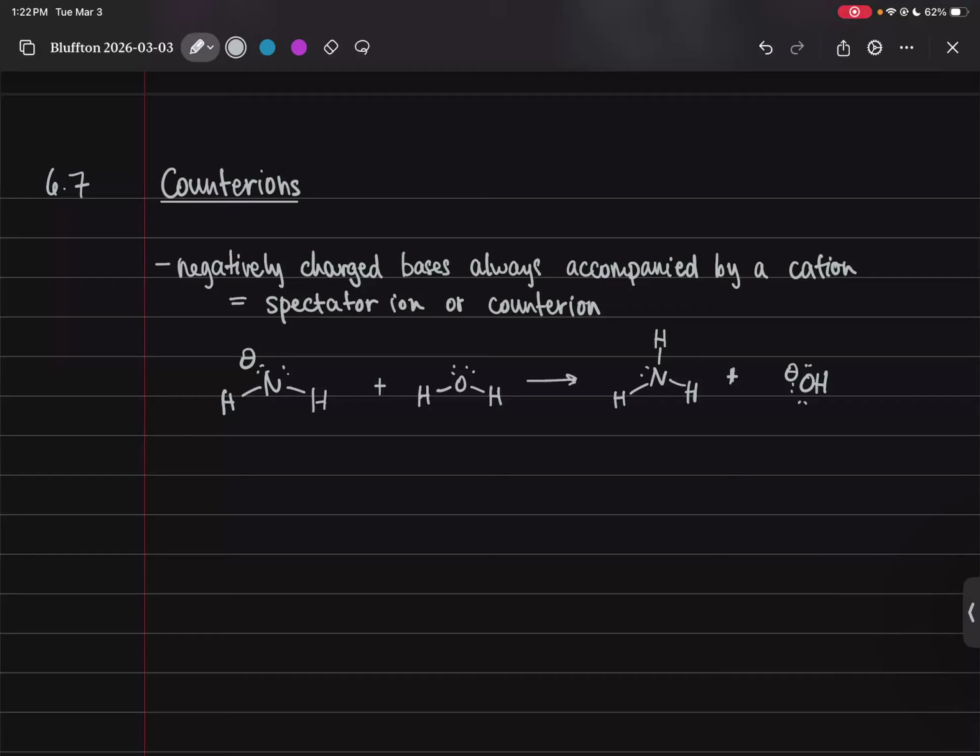Oh well, I love sodium. So this is kind of what the acid-base reactions I've been drawing for you look like. Typically, we have a charged species on both sides, and it's naked.